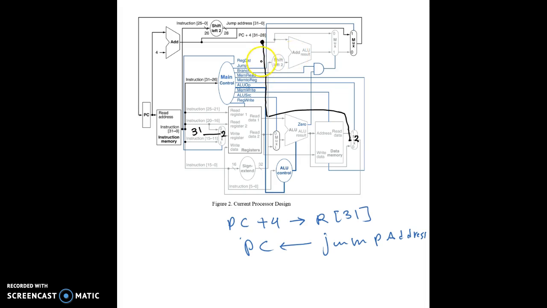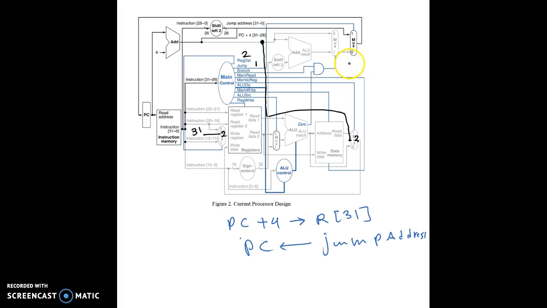So starting from register destination, as we can see, this line controls the newly extended mux. So for this control line, yes, we need a value of 2 to select 31, the register number 31. And for jump, we obviously need to select 1 so that the PC is assigned to the jump address.